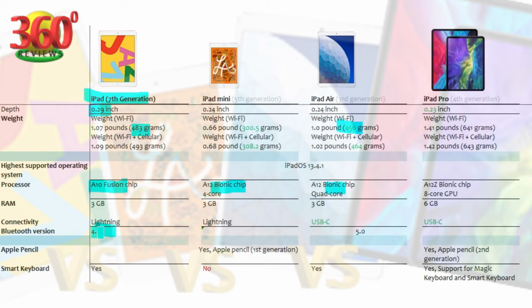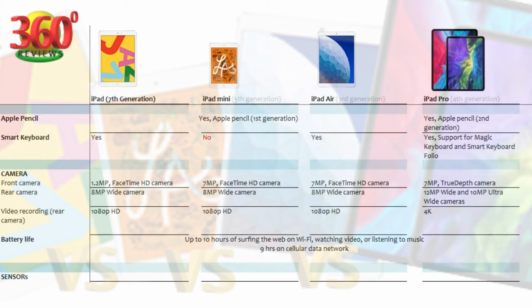The processor is slower compared with other models, and Bluetooth is also a slightly lower version. So this could be one of the reasons why it is more economically priced as compared with other models. With respect to pencil support, all these models support the Apple Pencil.